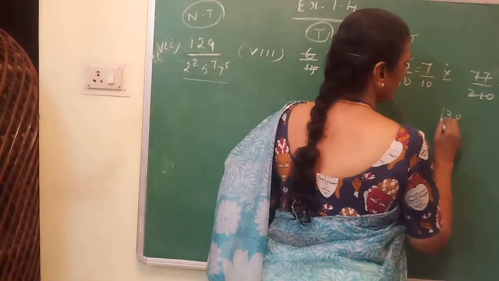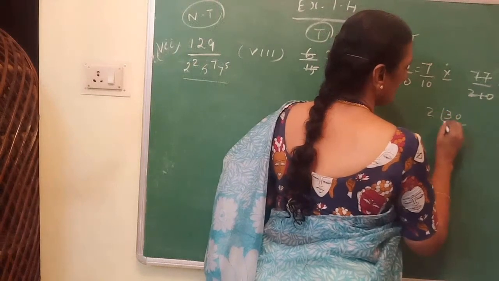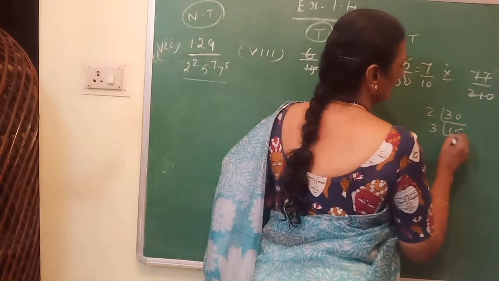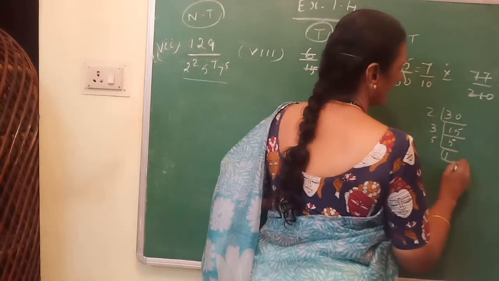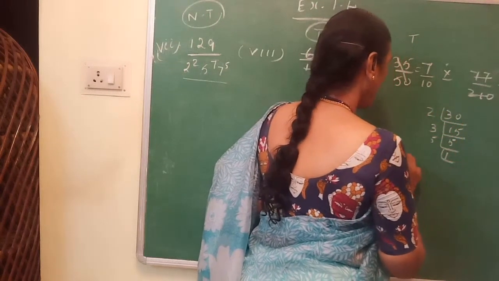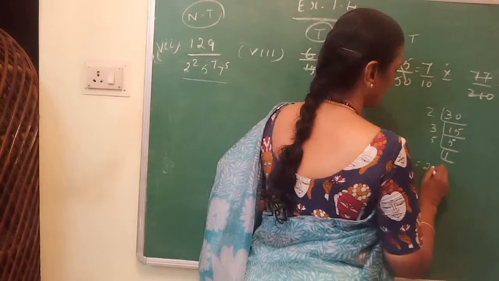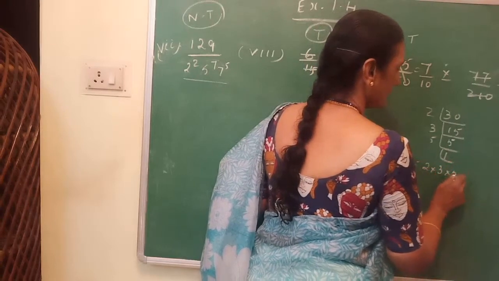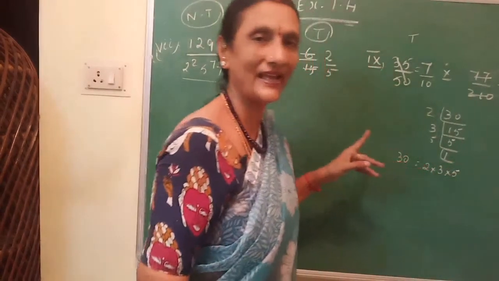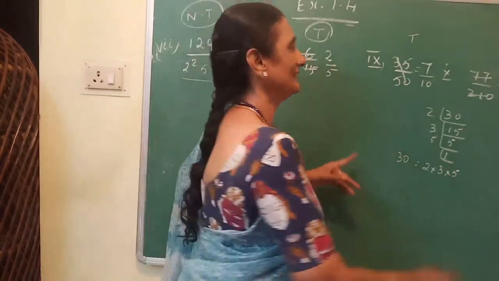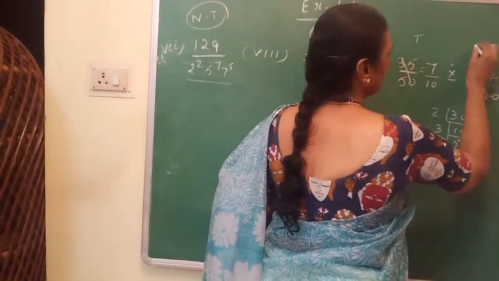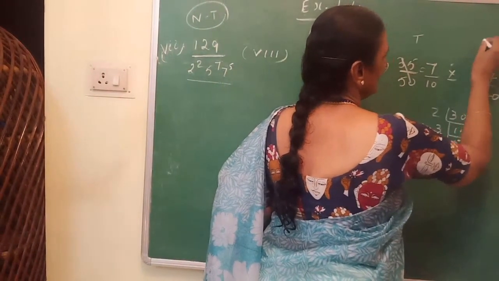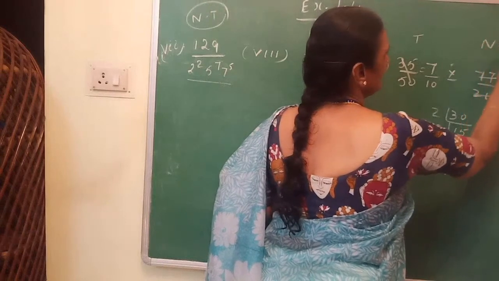You will get 15, then 3, then 5, 1. Therefore, 30 is equal to 2 into 3 into 5. Therefore, one 3 has come as an extra factor. Therefore, the 10th sum is non-terminating. I'll just write it as NT.